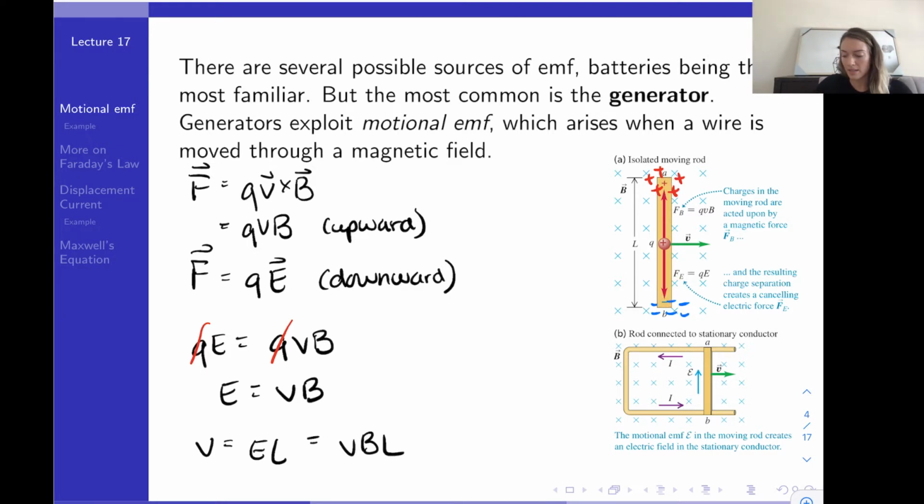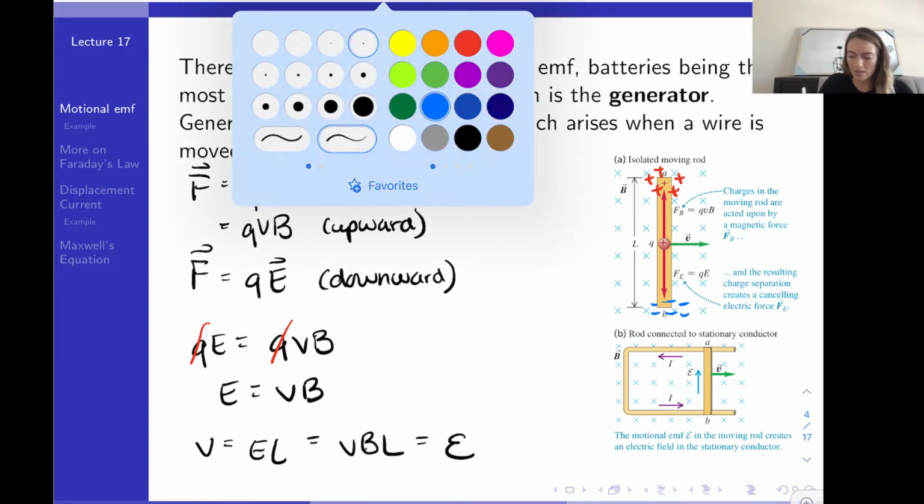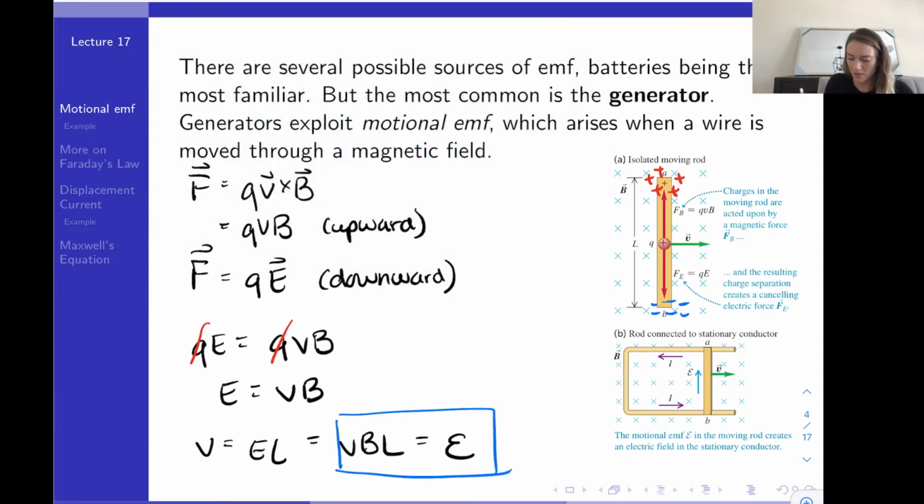Since our problem deals with the magnetic field, right, we were given a uniform magnetic field, we want to keep things in terms of the magnetic field and the velocity that we were initially given. So this now is just equal to the EMF. So this is exactly what we found yesterday when we figured out what the induced EMF was in this circuit when we moved this rod on a complete circuit.